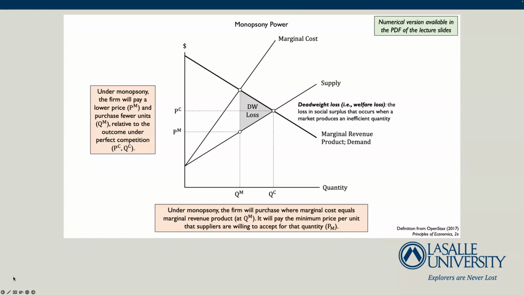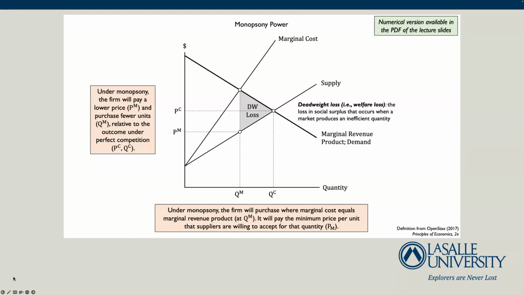And so it chooses that level of input utilization where marginal cost is equal to marginal revenue product. It drops down and selects that quantity of input to be utilized. And then it goes up to the supply curve to pay the minimum price per unit that suppliers are willing to accept for that quantity, PM.